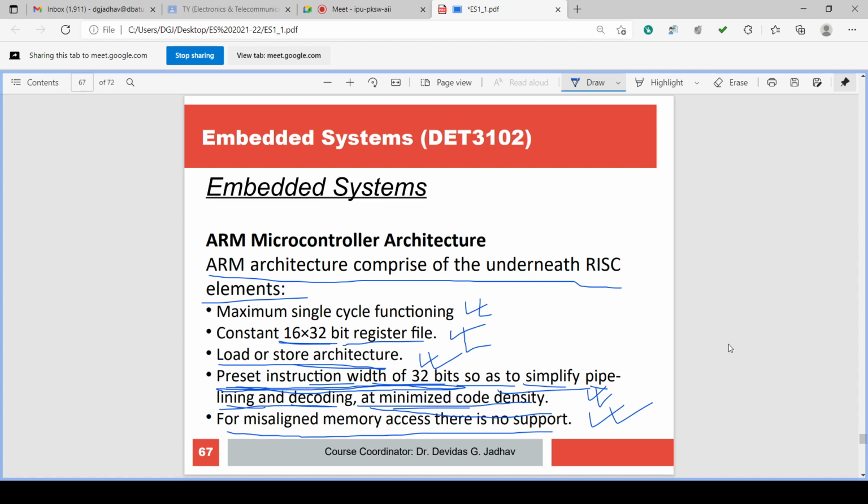But sometimes there are jumps. From this instruction, it jumps directly somewhere else. That jump is based on some decision-making parameter. If that parameter becomes true, the jump is taken on this side. If the parameter is false, the jump is taken on the other side.